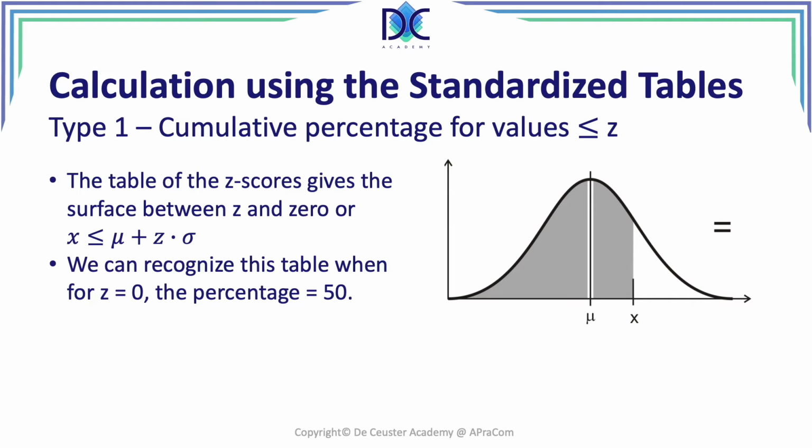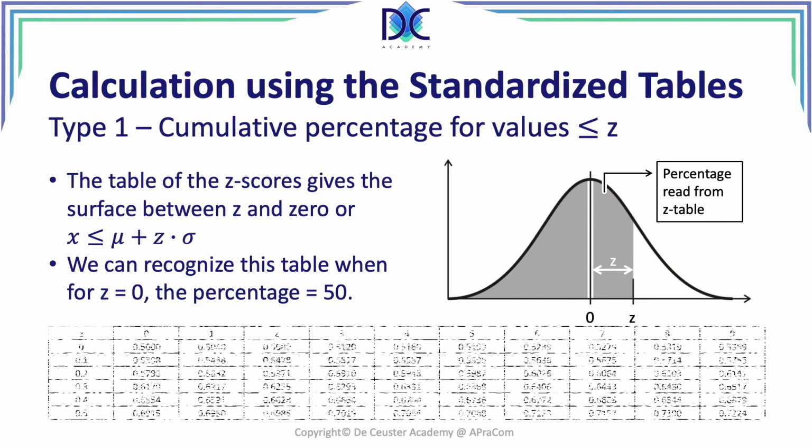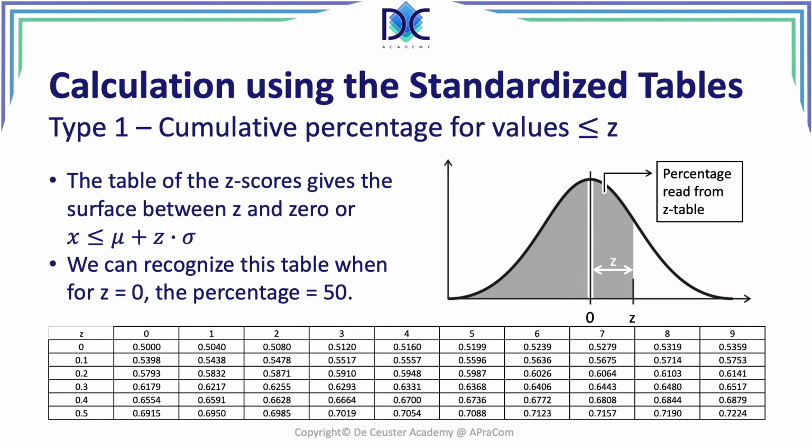Here we can say that the z-score gives the surface for all values smaller than the average plus z times the standard deviation, a number of standard deviations to the left or to the right. In this type of table, we find that where z is equal to 0, we see that there is 50%. So basically, this table gives the probability to the left of the z value. We find it for different values.